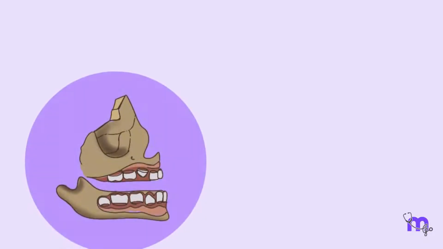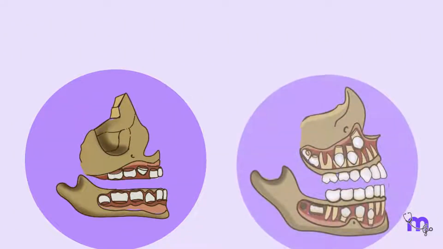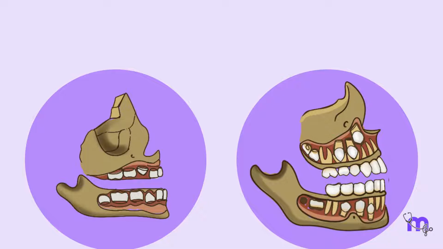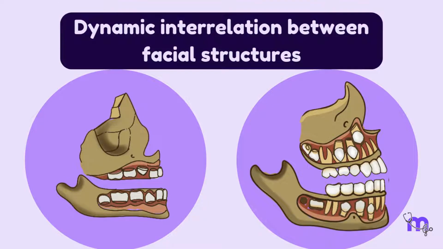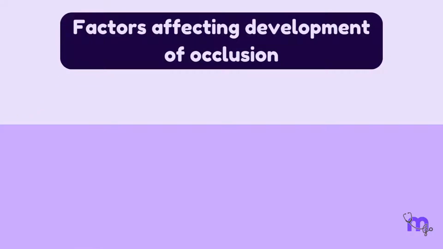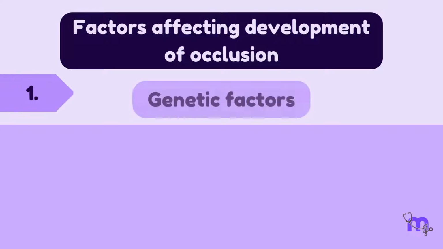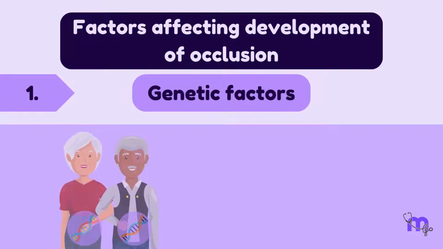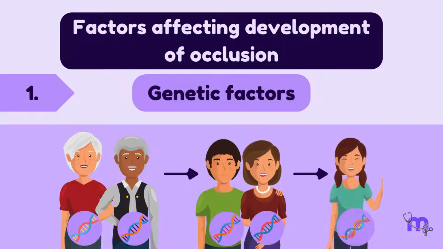Occlusion is established in childhood, changing throughout life, and is therefore called a dynamic interrelation between facial structures. The development of occlusion can be conditioned by several factors. The genetic factors, passed on from one generation to next.